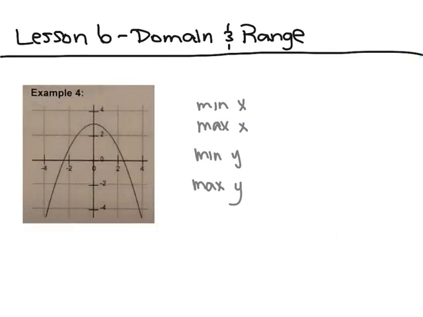So for example 4, it's going to go down forever. So our minimum x is going to be negative infinity, and our maximum x will be infinity. So our domain is x is an element of the real number set. It'll be every single x. Our range has a minimum of negative infinity.